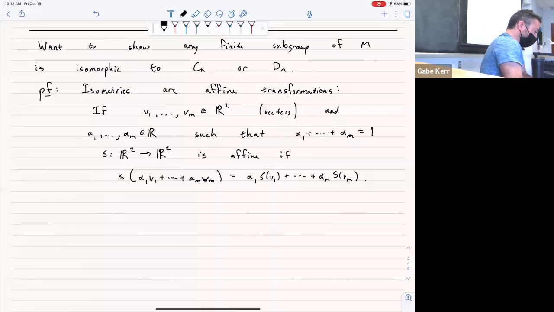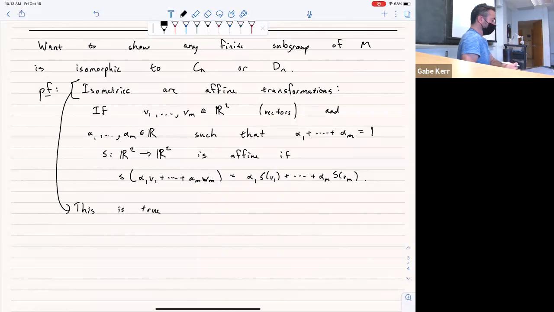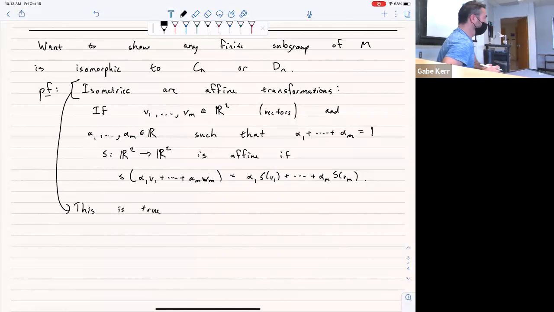So why is this true? Well, if S is orthogonal, it's linear, so this is definitely true. The only thing you really need to check is translation.